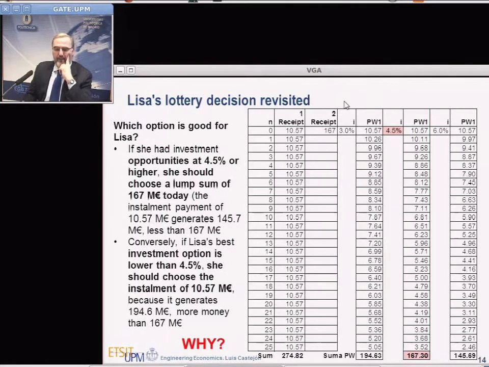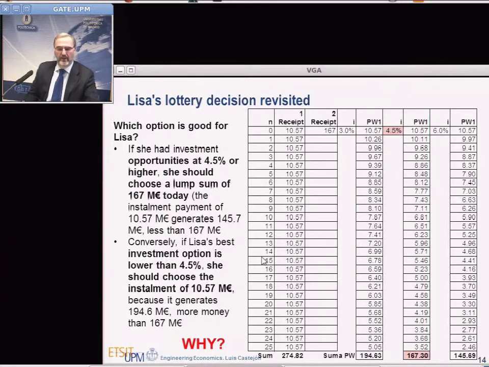The option with the highest present value, which is option 2. So in that case, with an interest rate of 6%, you will choose option 2. And if you are paid just 3%, you will choose option 1. If you are offered 4.5%, you can choose either, because the present worth of both investments is the same.